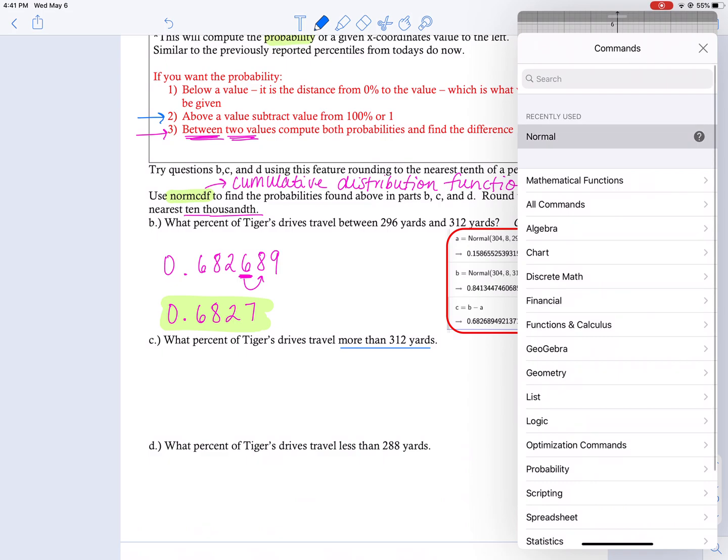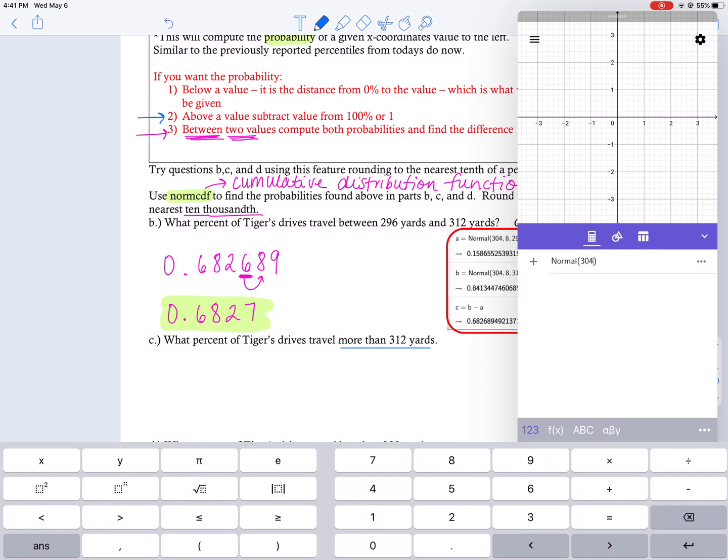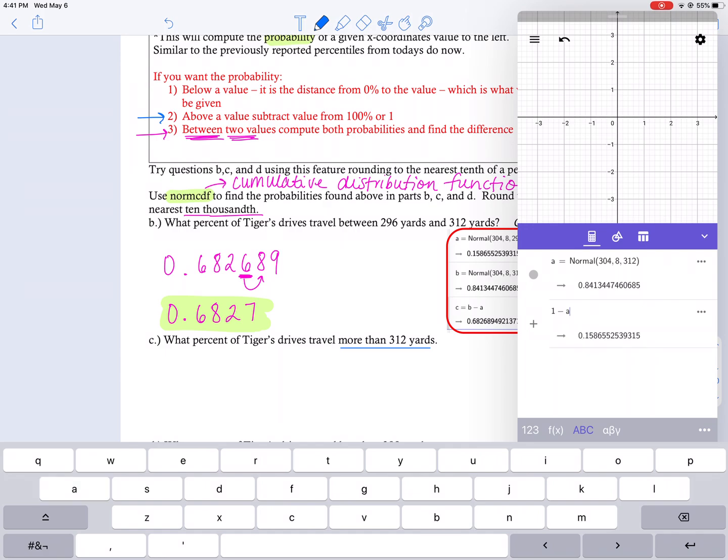If I go into my normal, I want always the mean first, then your standard deviation, and then the number they're talking about. Here, 312. So look at that number. Well, I don't want that. I want anything above that number, I have to subtract from 1. So I'm going to make my life easy and do 1 minus and use the letter A, because that's the letter they assign to that.